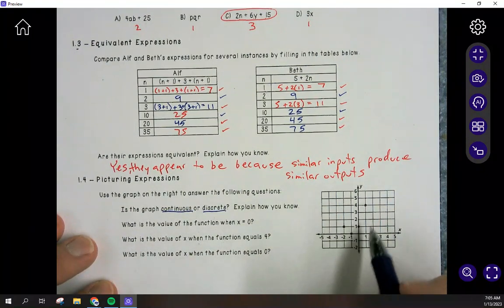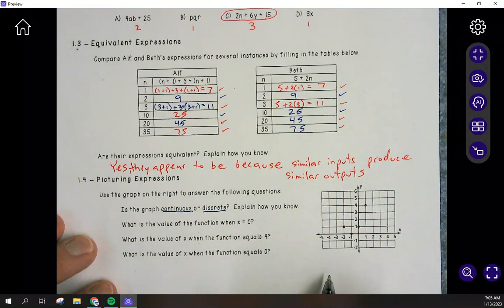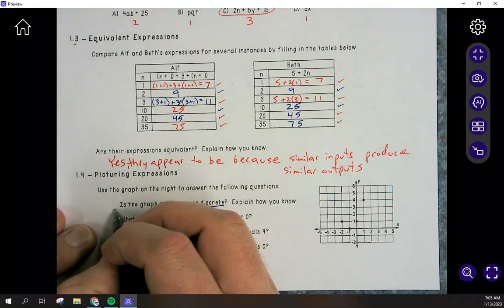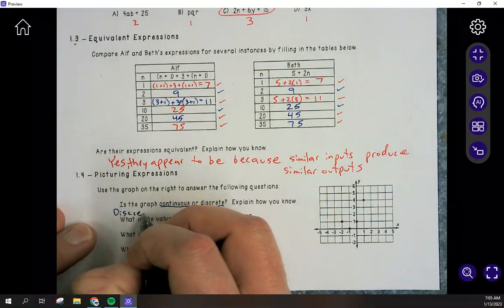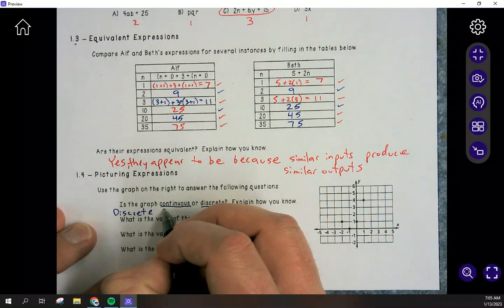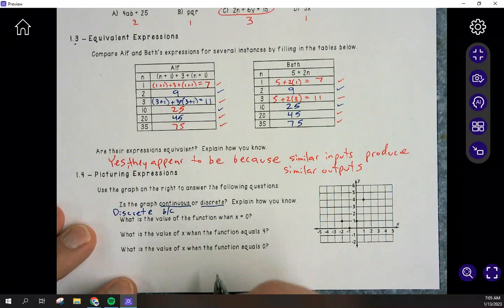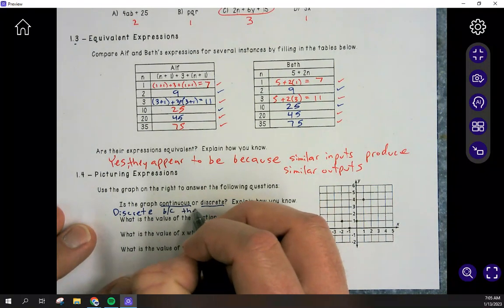So a continuous graph is connected, okay, and a discrete graph is what we're looking at right here. And it says explain how you know. And so we are going to say it is discrete because the points are not connected. That's the symbol for because.